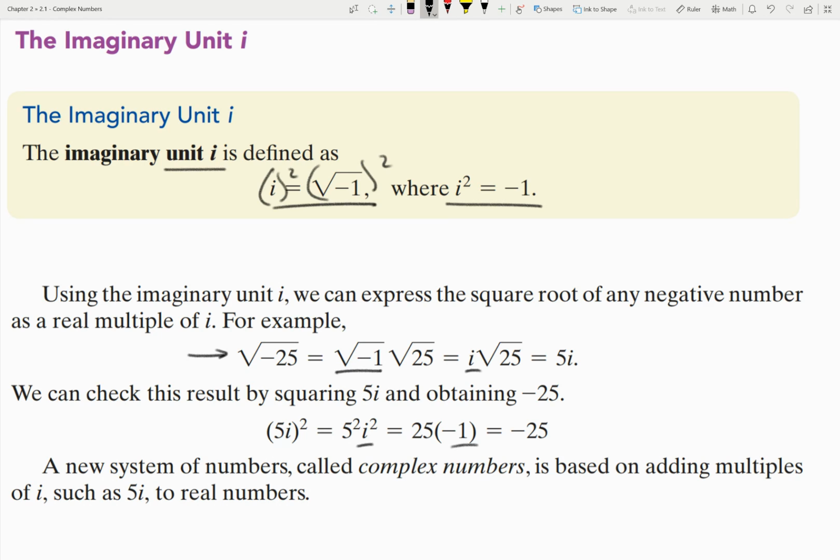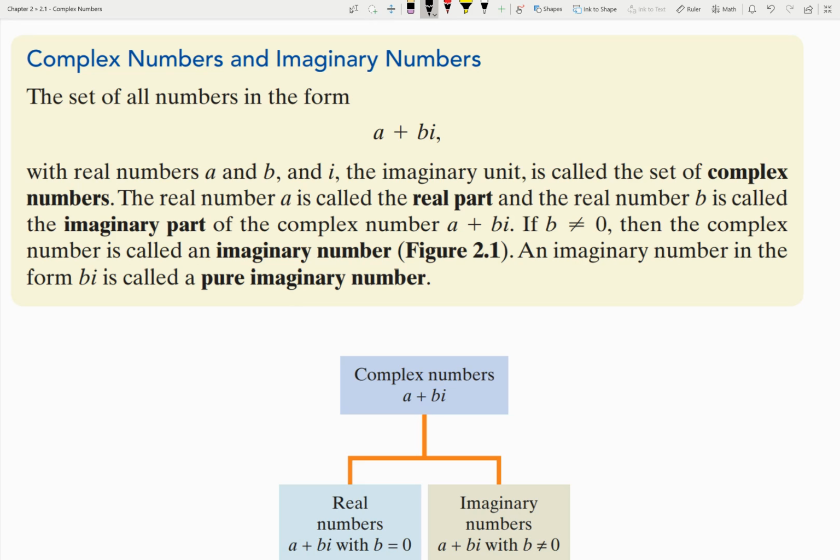A new system of numbers called complex numbers is based on this imaginary unit i, putting it together with real numbers. A complex number is in the form a plus bi. Every number is a complex number.